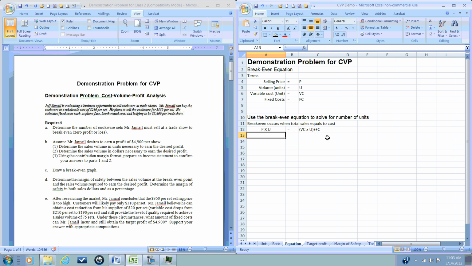So let's begin to put in our knowns for this problem. We're going to be solving for the number of units, so U will be the unknown.